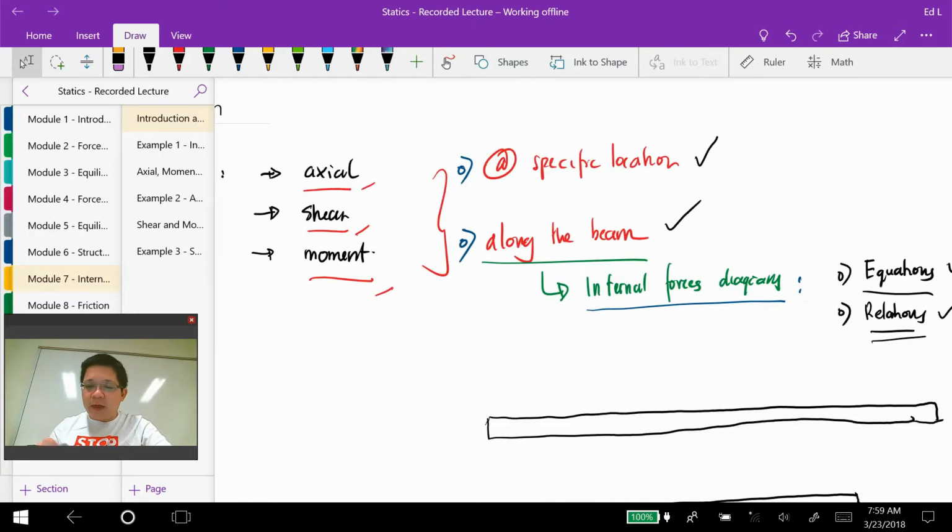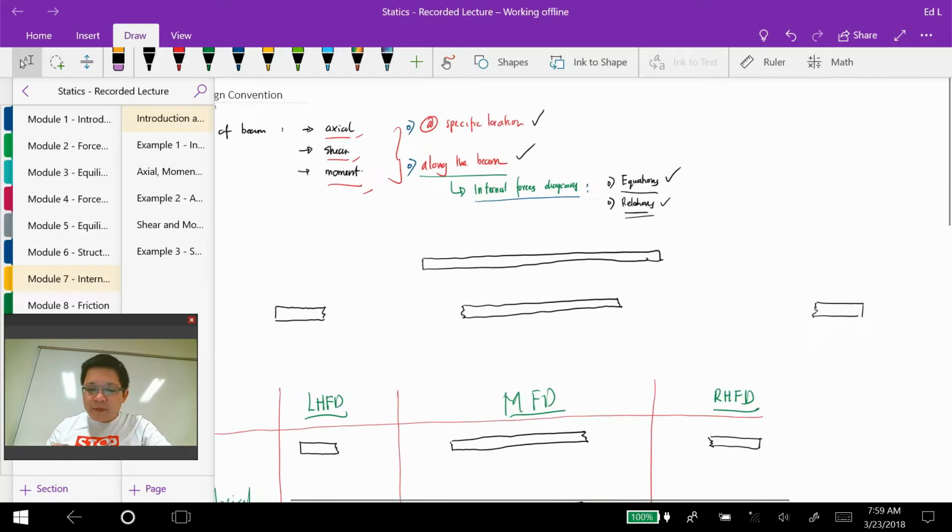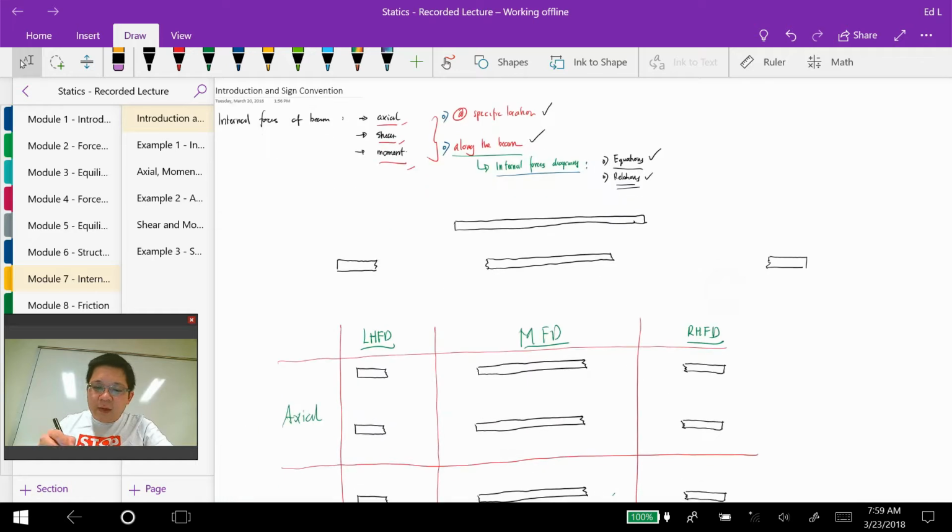For example, I have the beam right here, and then I make a cut somewhere here. Then I can draw this left piece here, this middle piece here, and this right hand piece here.